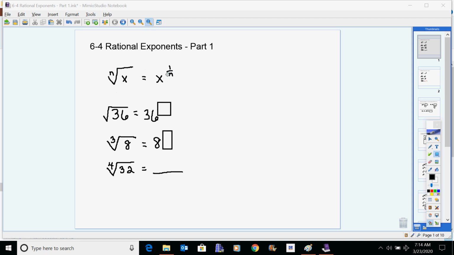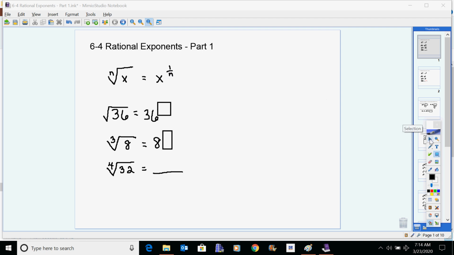The denominator of the fraction in your rational exponent is the index in your radical expression. So our denominator is the index. We'll start with all of the 1 over any kind of number.